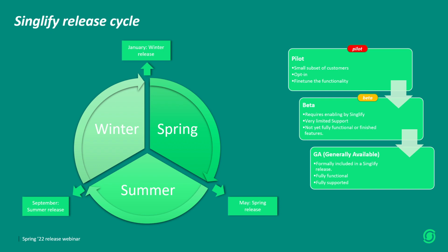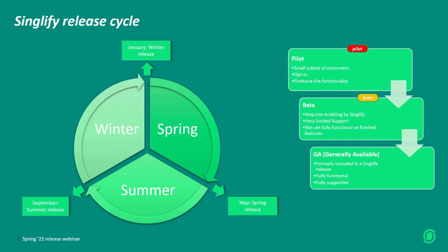When we release new functionality, it can basically have 3 different statuses: pilot, beta, or GA, which stands for generally available. Typically, if we first want to test and fine-tune new functionality with a small group of customers, we start in pilot mode. If we have functionality that's already more fleshed out, but not fully functional or finished yet, we can release it in beta mode, so customers can test it out.